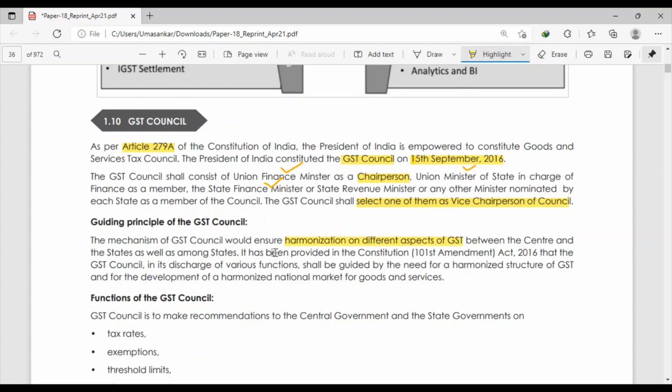It has been provided in the Constitution 101st Amendment Act 2016 that the GST Council, in discharging its functions, shall be guided by the need for a harmonized structure of GST and the development of a harmonized national market. Okay, meaning the GST Council will help in each and every aspect of GST. It has already been provided in our Constitution Amendment Act.